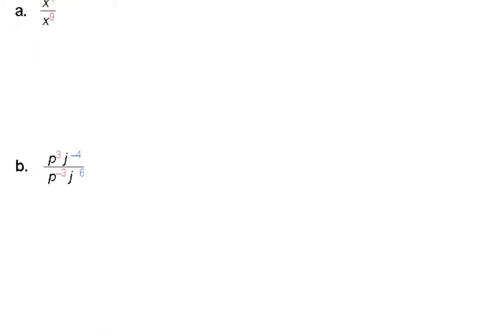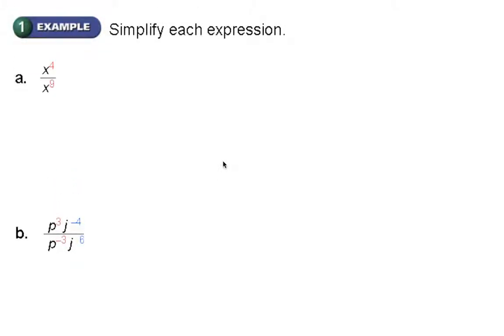Example 1, simplifying an algebraic expression. I'm going to give this to you in the most basic form to begin with, and I'll show you another trick once we get through some of these examples. When you are dividing bases with the same power, you keep your base, so in this case it would be x, and you subtract your powers, numerator minus denominator.